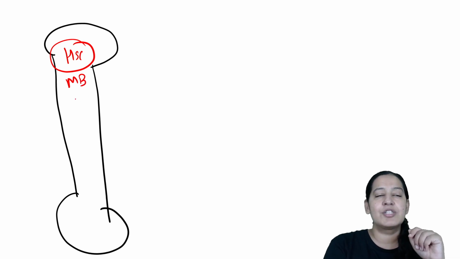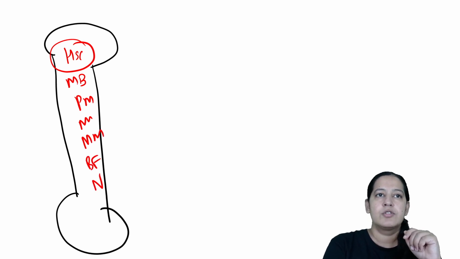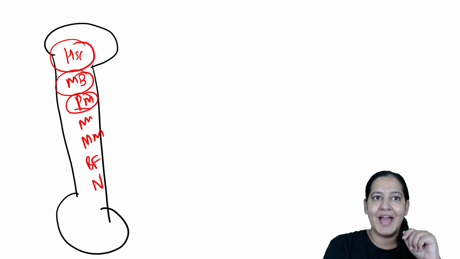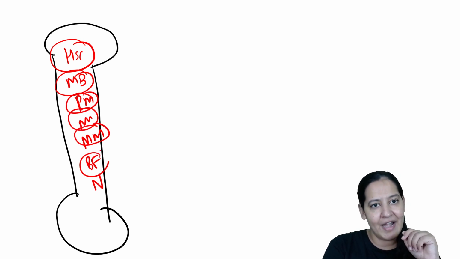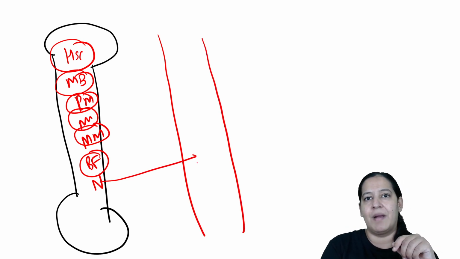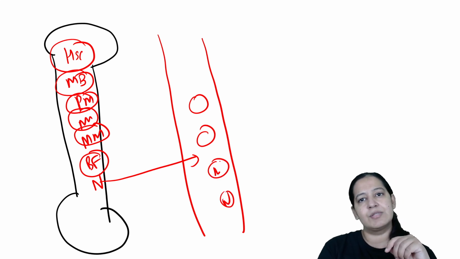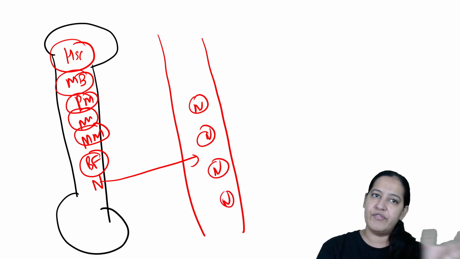From myeloblast, promyelocyte, myelocyte, metamyelocyte, then band form, and then neutrophil is formed. Myeloblast, promyelocyte, myelocyte, metamyelocyte, band form are present in bone marrow only. And neutrophil, once it is formed, will move to the lumen of the blood. So this is how neutrophils are coming in the blood.